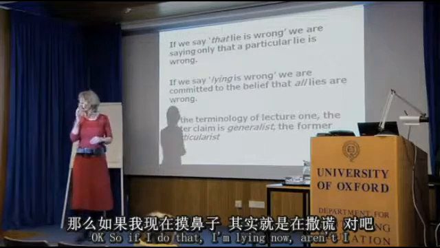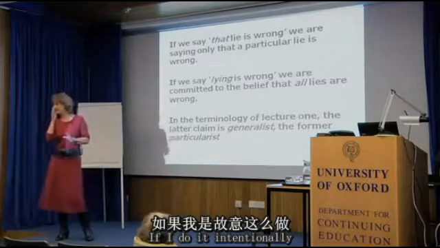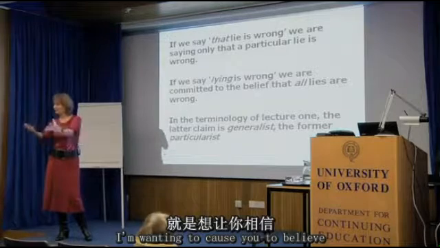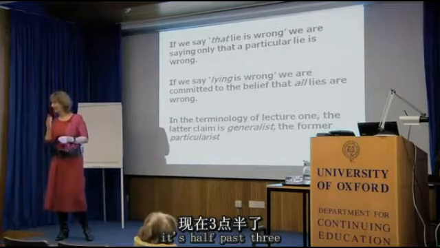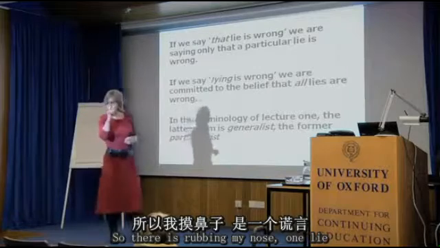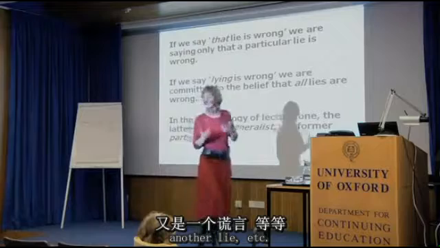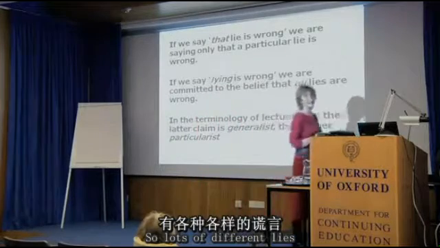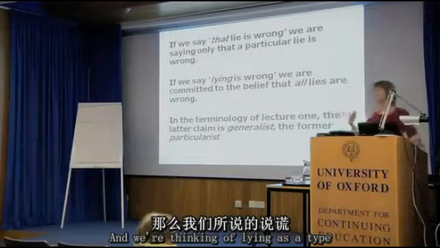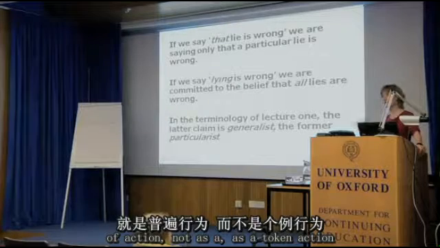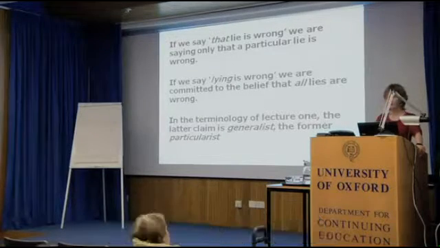If I do that intentionally, I'm lying, aren't I? I'm wanting to cause you to believe it's 3:30. So there's rubbing my nose, one lie. There's telling you it's Tuesday, another lie, etc. So lots of different lies. And we're thinking of lying as a type of action, not as a token action.